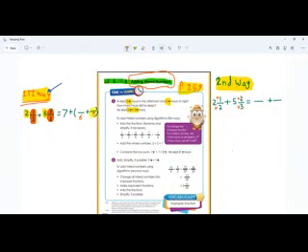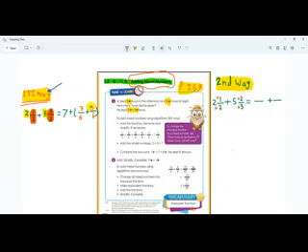If you don't get it any other way, you can multiply the denominators: 2 times 3 gives 6. What is the change from 2 to 6? We multiply by 3, so we multiply up by 3, and 1 times 3 is 3. Then from 3 to 6, we multiply by 2, so we multiply up also by 2. 2 times 2 is 4.